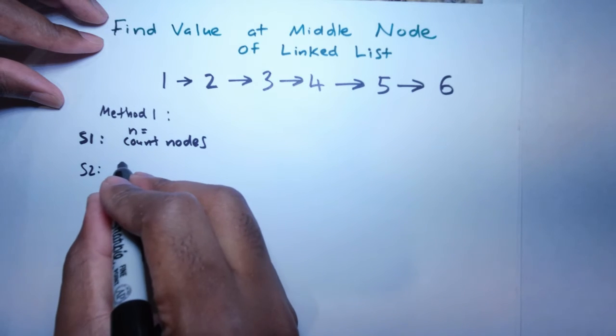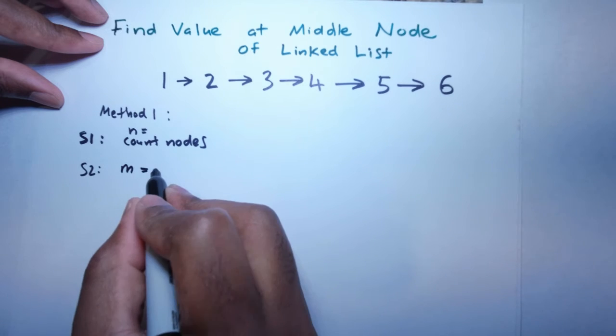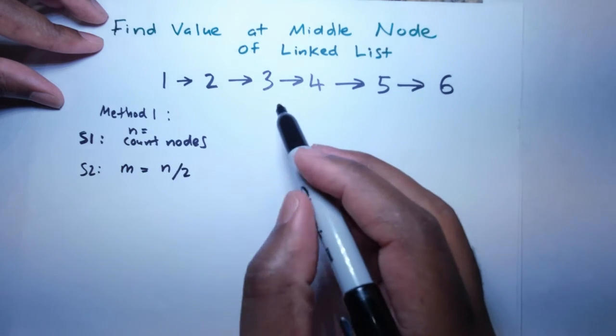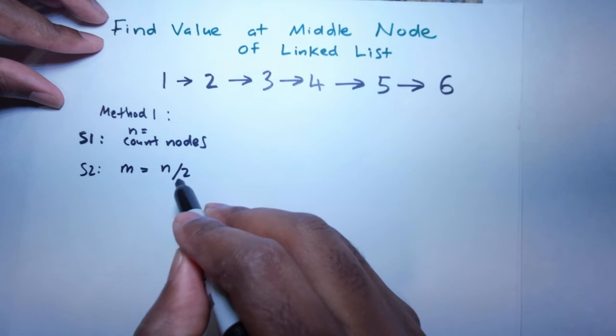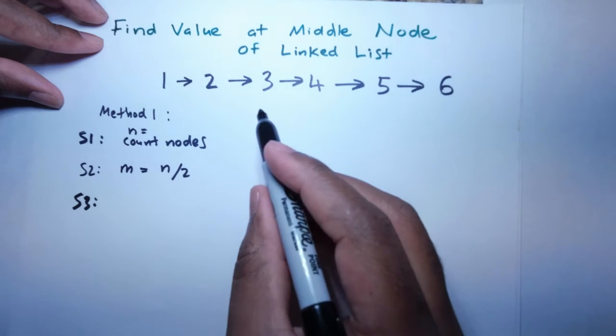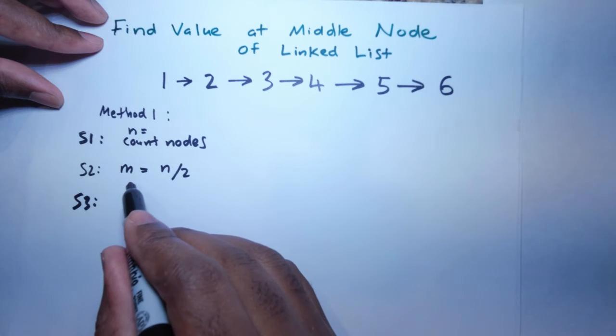So in this case, we're looking for the middle node, and let's call that m, and we will define that as n divided by 2. Once you pass n divided by 2, then we are at the middle. Step 3 is to iterate a second time, and then you stop after you pass m.